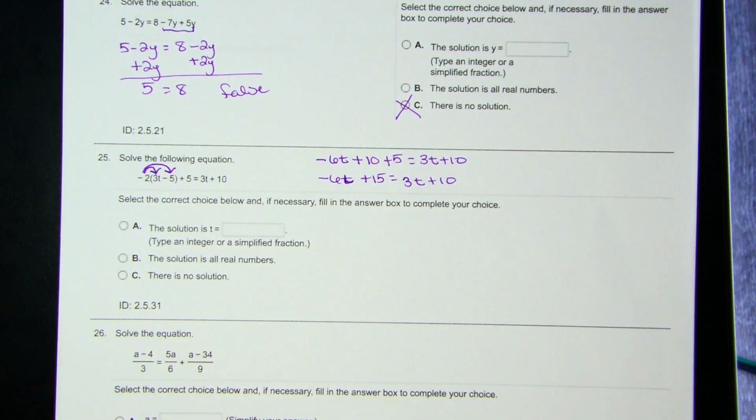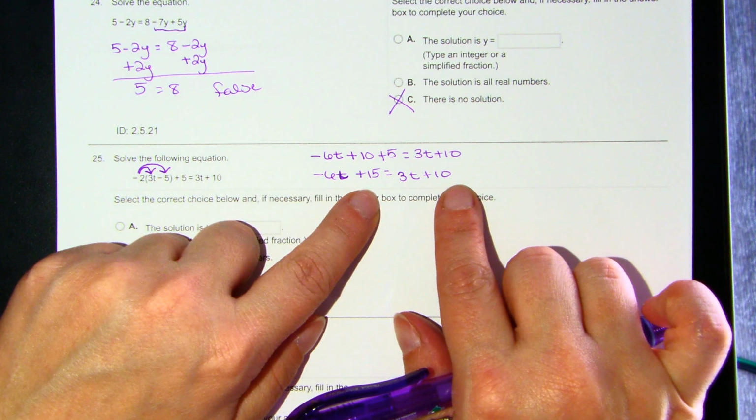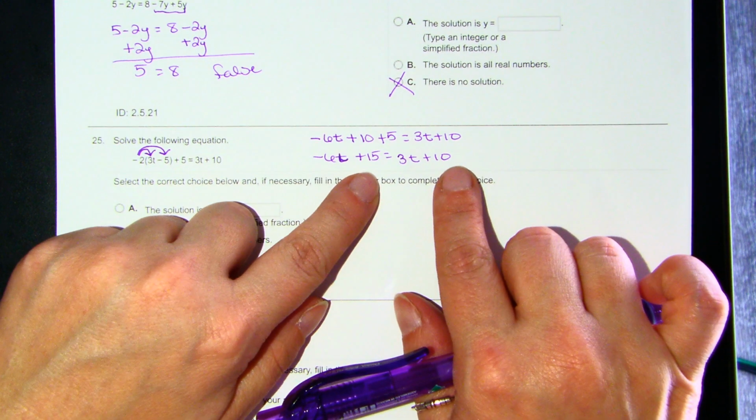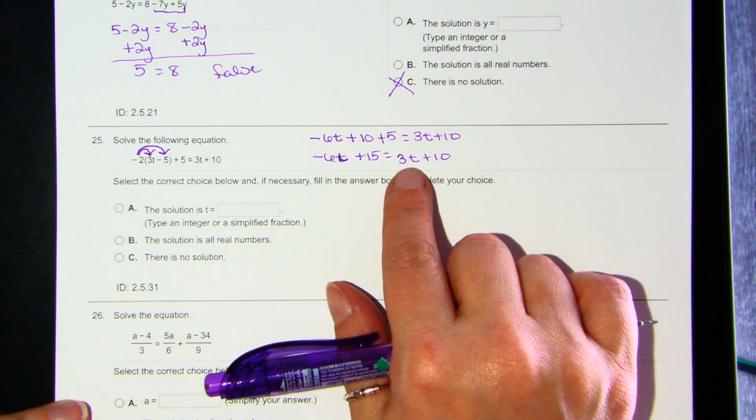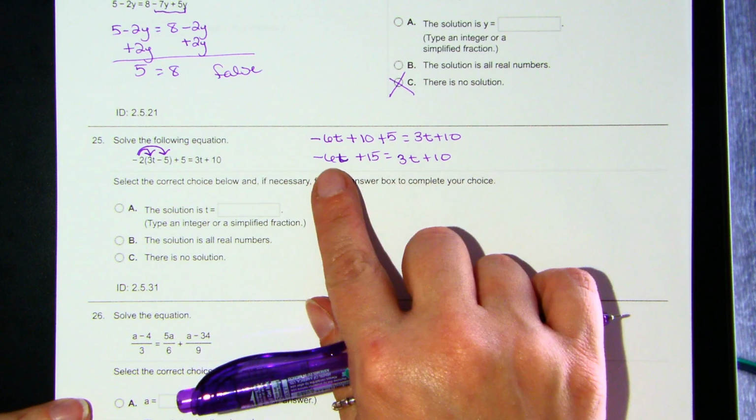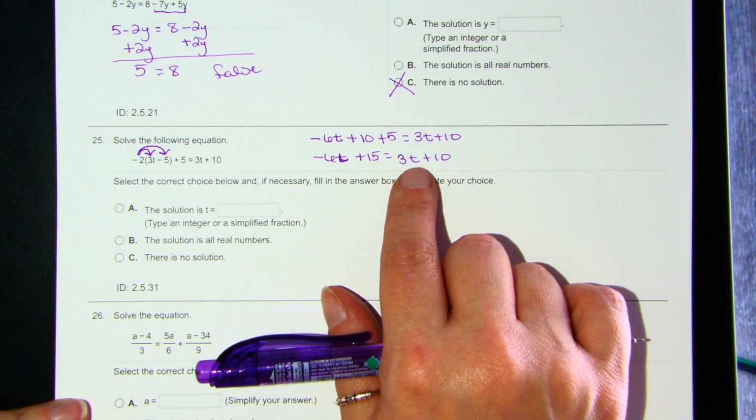I generally will pick to keep my variables positive. So I have 6 negatives over here and 3 positives over here. If I add my 6t to move it over, then I get to keep positive t's. The reason I do this is that the fewer negatives I have to deal with, the better off I am in the long run.